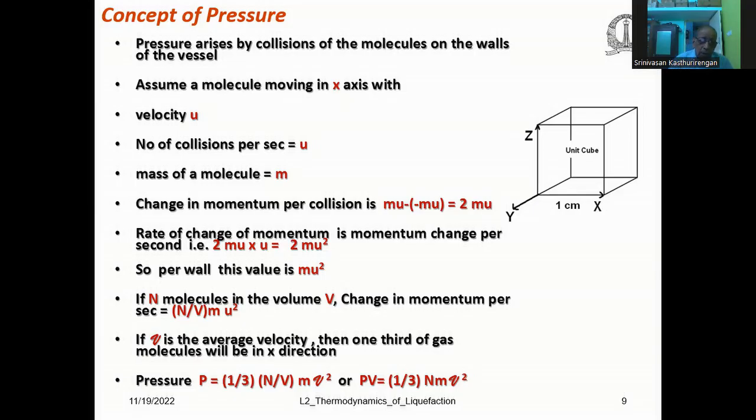The number of collisions per second is u, and therefore the rate of change of momentum will be the change in momentum multiplied by the number of collisions per second. So it is equal to 2 mu into u, which is 2 mu square. This actually happens on 2 walls, because the molecule collides on one side, comes back and collides on the opposite side. So the momentum change per wall will be 2 mu square by 2, which is mu square.